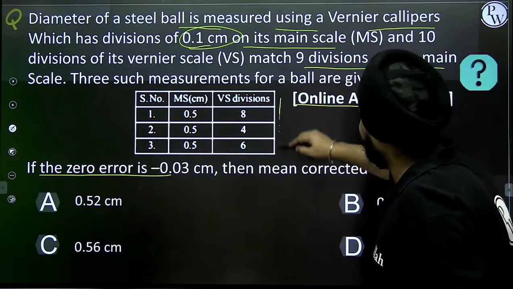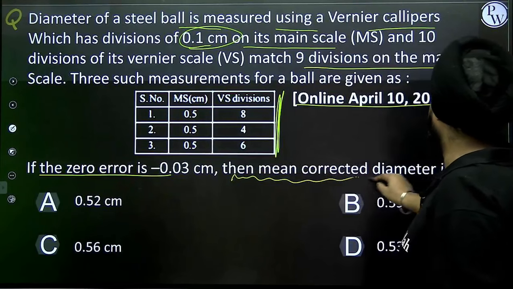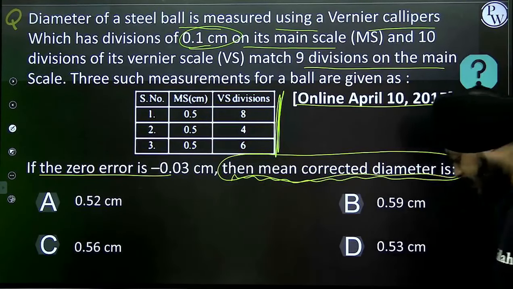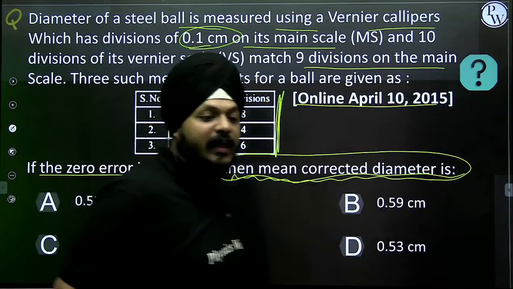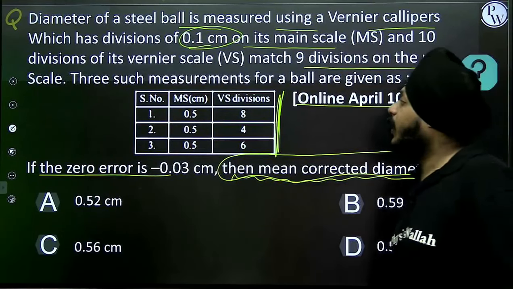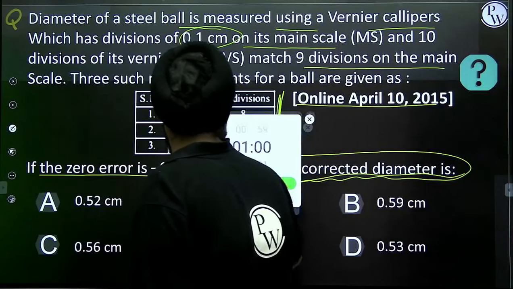For these three measurements, zero error is this, then the mean corrected diameter will be what? Let's give you all a minute to solve this.